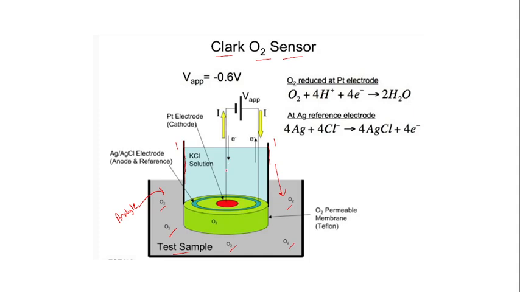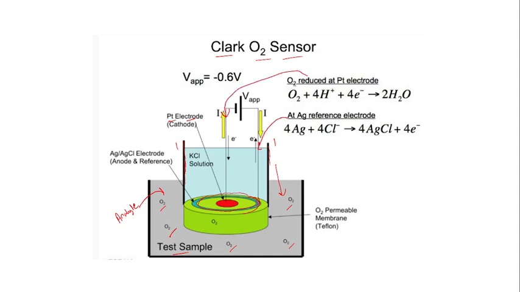Then there are two electrodes: first is the platinum electrode and second is this ring electrode. If you are able to see, this is the complete ring. This ring electrode is the Ag reference electrode, and this is the platinum electrode.